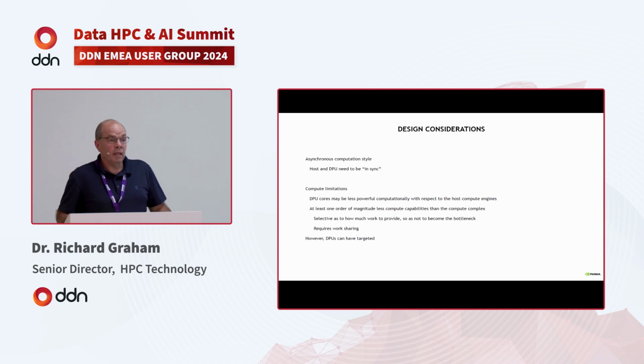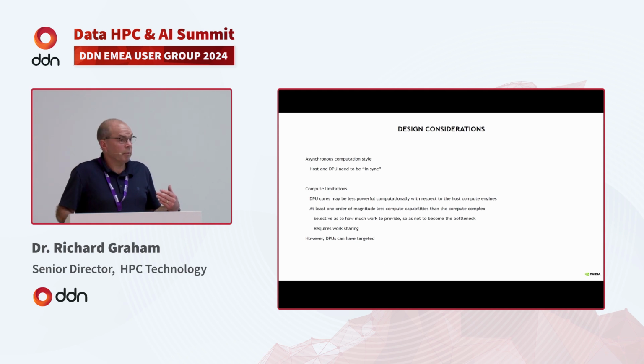It does have compute limitations. So these are not server-grade processors. They're not intended to be server-grade cores. These are cores that are intended to let you do some extra things away from the main host, to offload a lot of service work from the main host to the data processing unit, to the DPU.